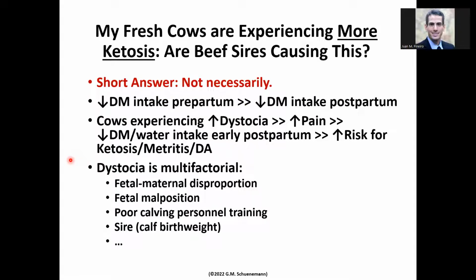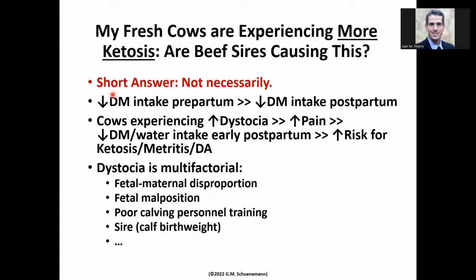So another question that I get is, my fresh cows are experiencing more ketosis, right? Are beef sires causing this? And my short answer to that is no. Right? It's usually not necessarily the cause, unless you definitely have a dystocia problem that you can isolate from the cow. Something important is that dry matter intake prepartum almost always determines dry matter intake postpartum.